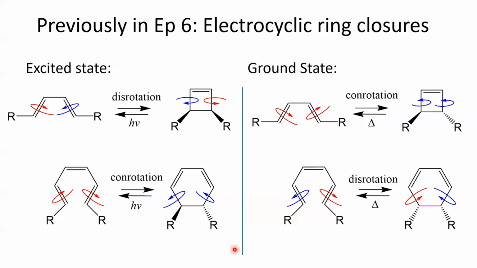But the upshot of all this is that the products that we form by the different methods have unique stereo properties associated with them. So provided you know the number of electrons in your conjugated system, you can choose to either apply light or apply heat to get the product with the stereochemistry of your choice.